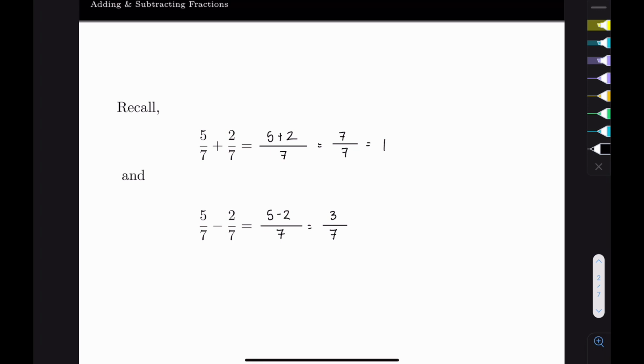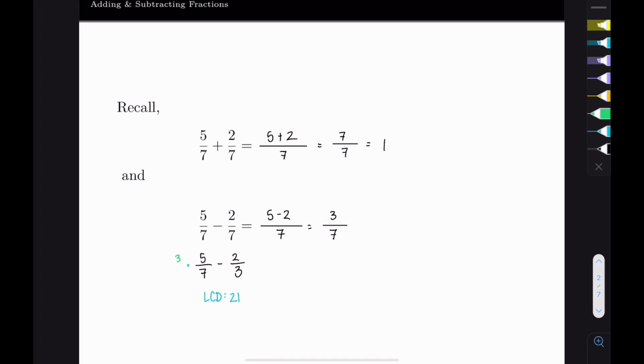If they do not have the same denominator, then we have to find that common denominator, whatever your least common denominator is. I mean, it doesn't have to be the least, it could be more than that, but least is usually good. Like if we were to change this to 5 over 7 minus 2 over 3, the least common denominator in this case would be 21, because 21 is divisible by 7 and 3.